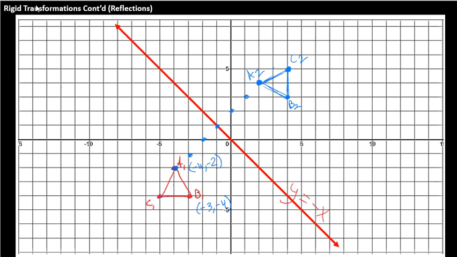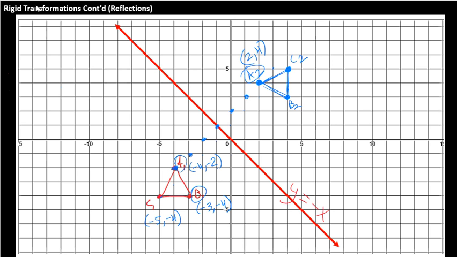And C1 is (-4, -5). What are our new ones? A1 to A2, we've got (4, 2). It looks like the numbers switched, and they also changed sign.